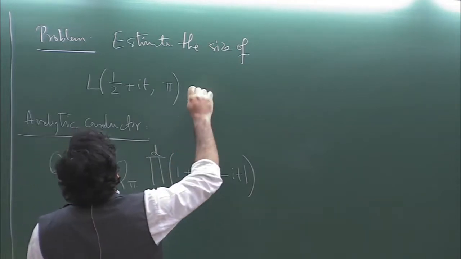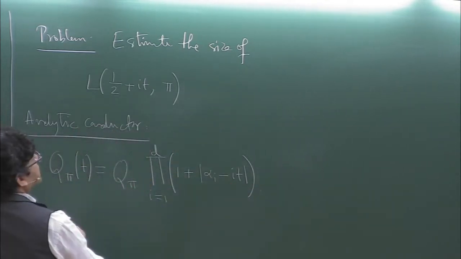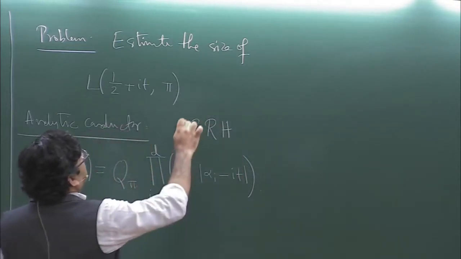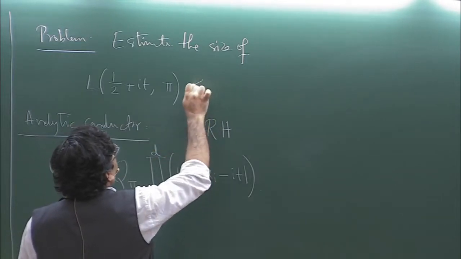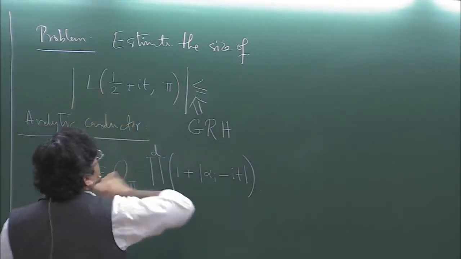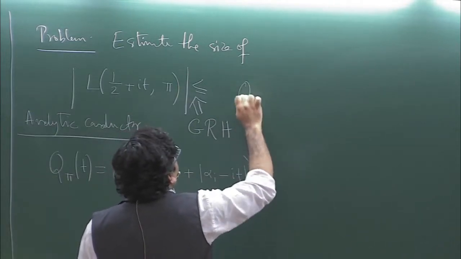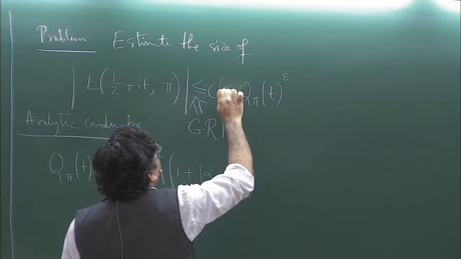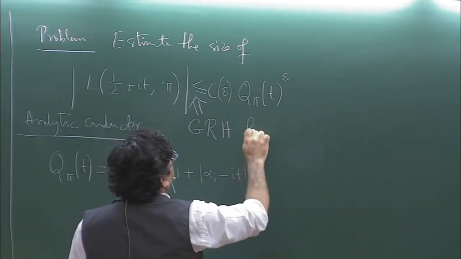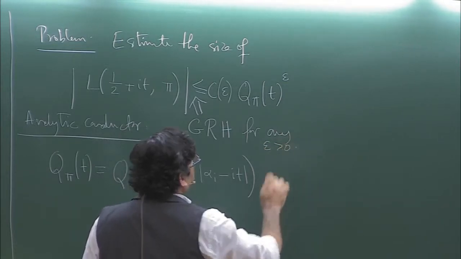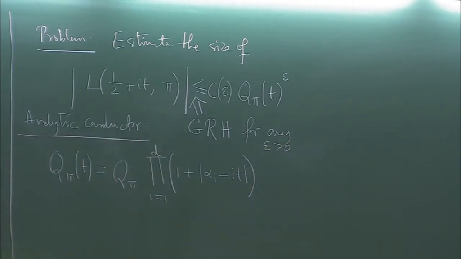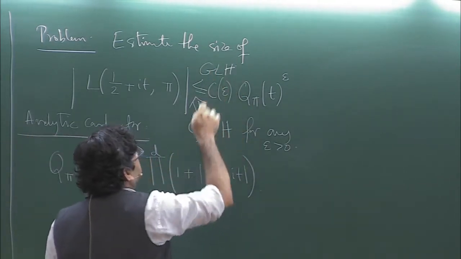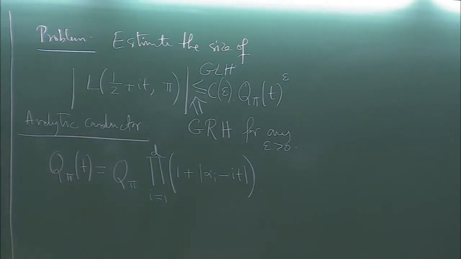The Riemann hypothesis, or the grand Riemann hypothesis, will imply that the absolute value of L(1/2 plus it, pi) is bounded by q_pi(t) to the power epsilon times some constant depending only on epsilon, for any positive epsilon. This statement is called the generalized Lindelof hypothesis, and it's a consequence of the generalized Riemann hypothesis.